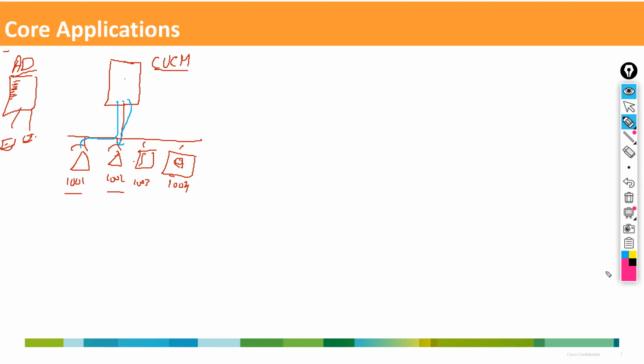Now to make an external call. For example, I am the user, my extension is 1001, but I want to dial my mobile number. From this IP phone, I want to dial my mobile number, or I want to dial the customer, or the partner. Anything it can be. Then infrastructure comes, we get one router. Already everyone is aware what a router is, right? Because router is the device we use between the internal network and external network, private network and public network.